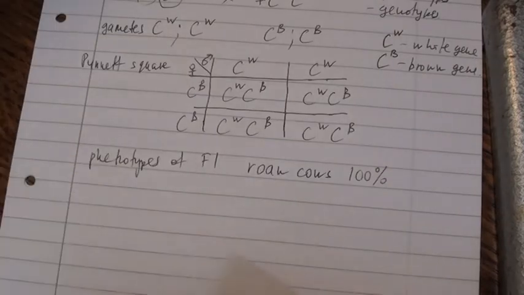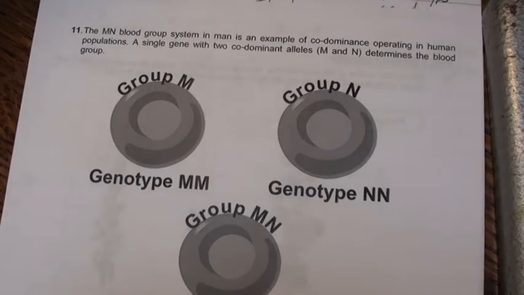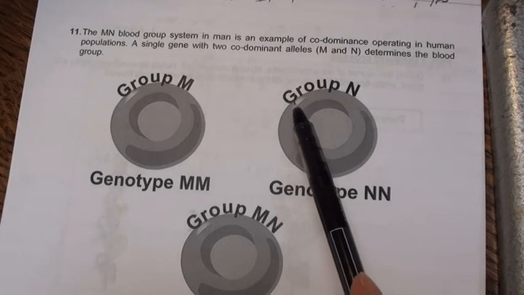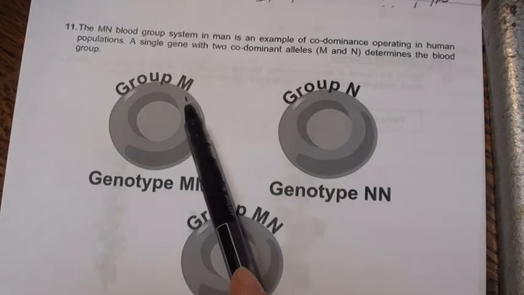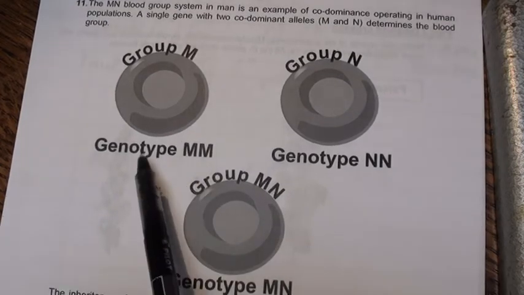Okay. So the last question in this assignment to do with codominance is question 11. In this question, you're looking at codominance of blood groups. In this case, you're looking at group M, group N, and group MN, and you're given genotypes.